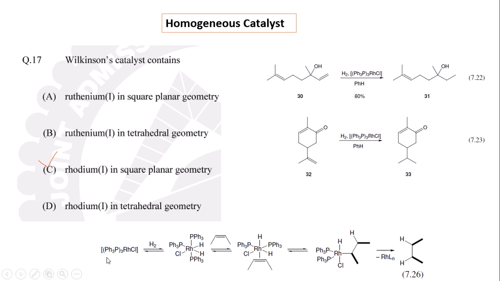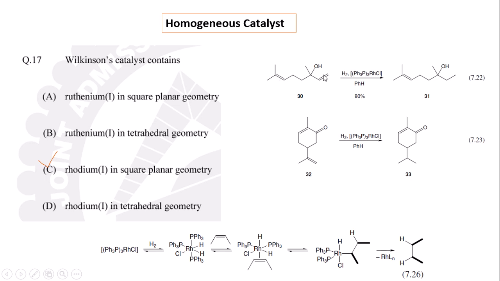And this can be represented by triphenylphosphine rhodium chloride, where this compound is present in the square planar form. When it is added with the hydrogen molecule, then the square planar form is converted to the octahedral form, and then it attacks the alkene, and we get the hydrogenation product. And here two types of alkene are present.